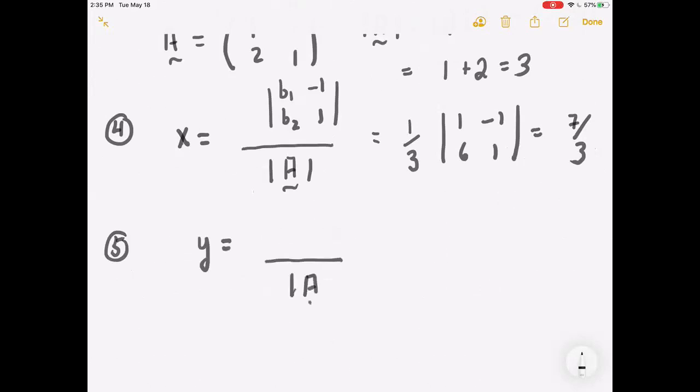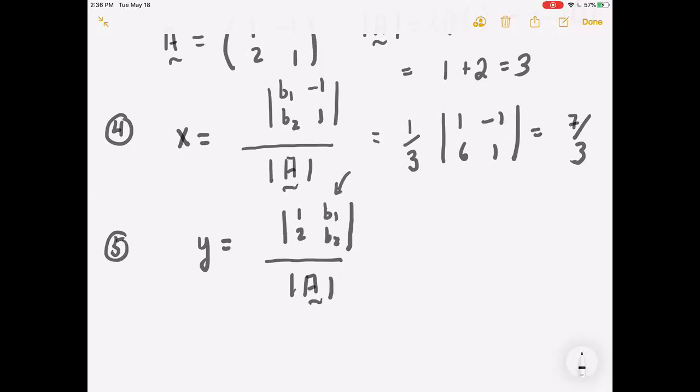It's the determinant of the coefficient matrix in the denominator. And the object that goes in the numerator is the determinant of the coefficient matrix A, where you replace the second column by B1 and B2.